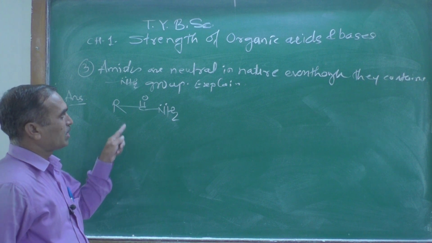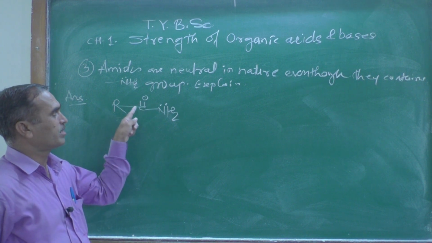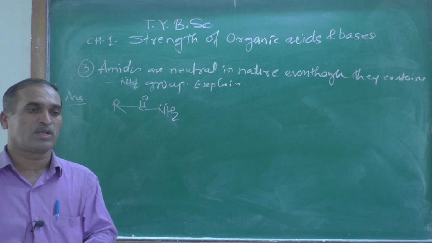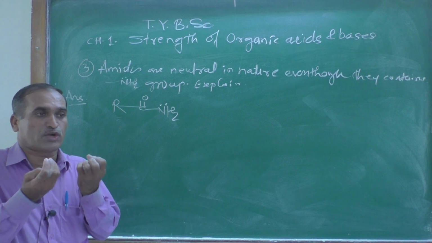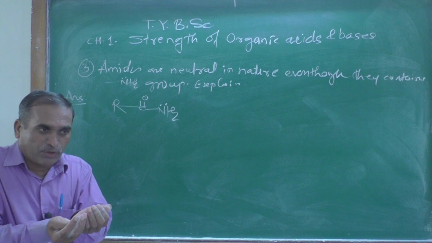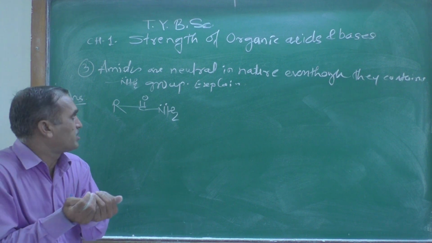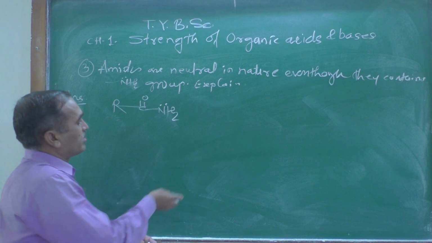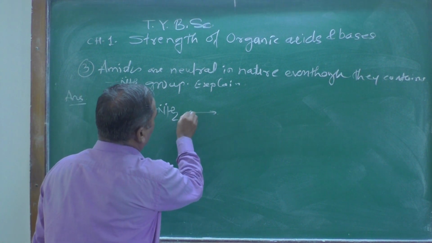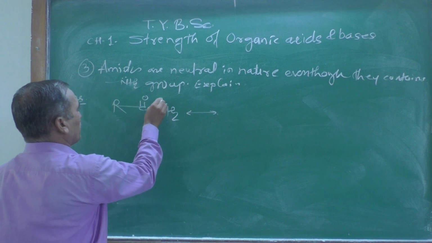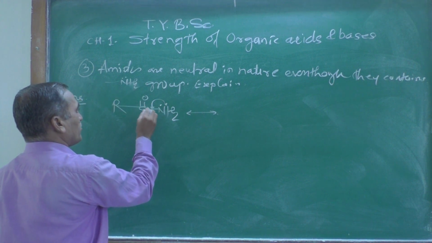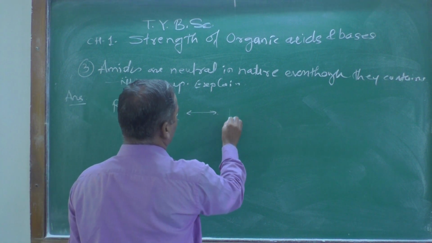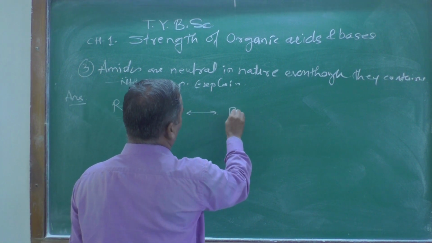This is the carbonyl group, and as we know, the carbonyl group acts as an electron withdrawing group, and therefore it pulls the electron density of this lone pair toward the oxygen atom, and we get a double bond and a negative charge on that oxygen atom.